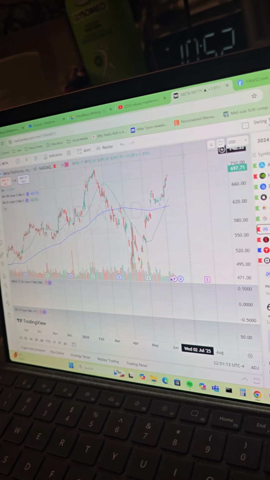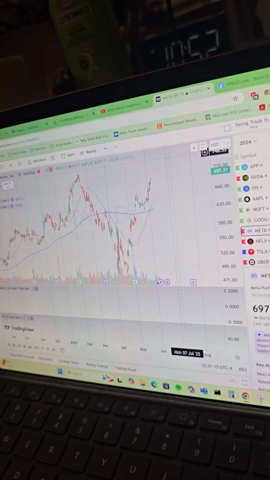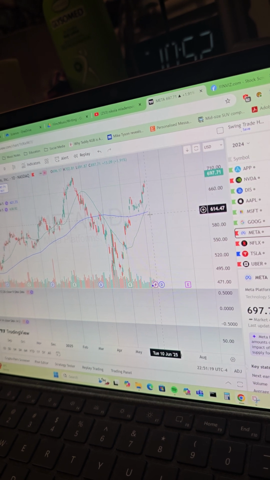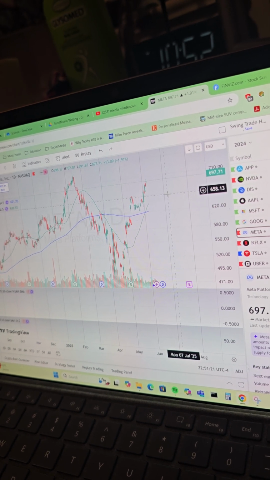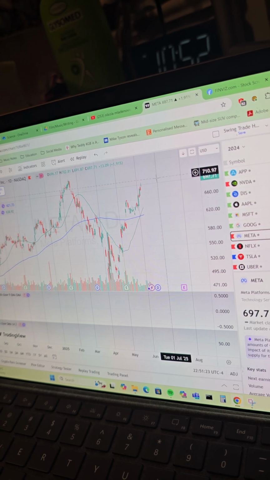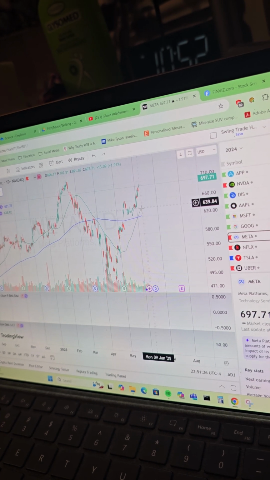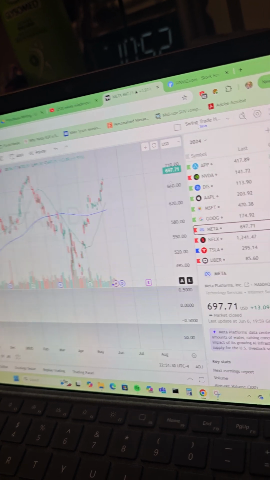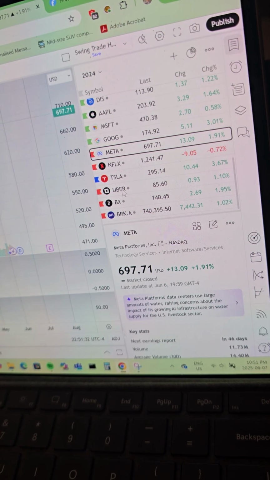If we cross it, maybe in July, and this blue line also starts going up, then we got blue and green going up, not overextended, and Meta is a buy.